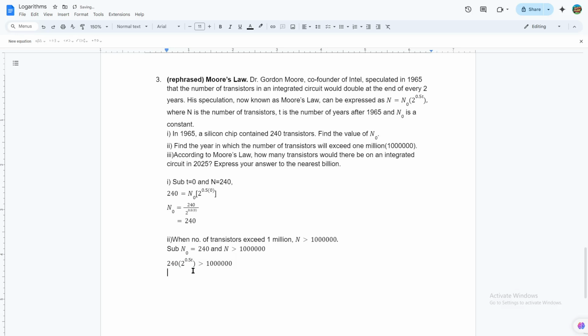So we divide 240 on both sides. 2 to the power of 0.5t is greater than 1 million over 240.